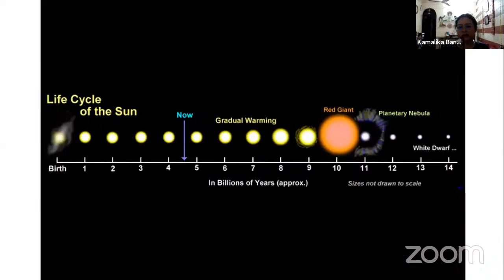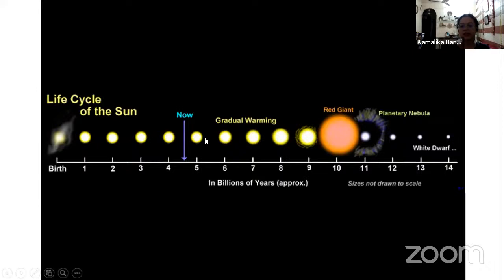And quickly just going through the life cycle of the sun, because the sun is a star, so just quickly going through how stars function and what's going to be the future of the sun. We are at a perfectly mature, young age, we are enjoying the youth of the sun.